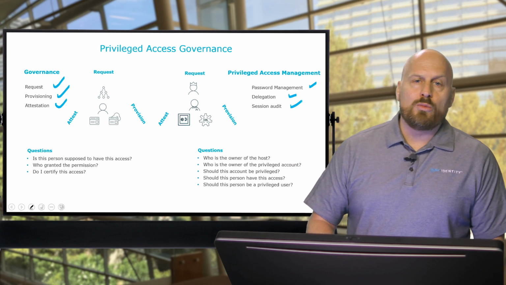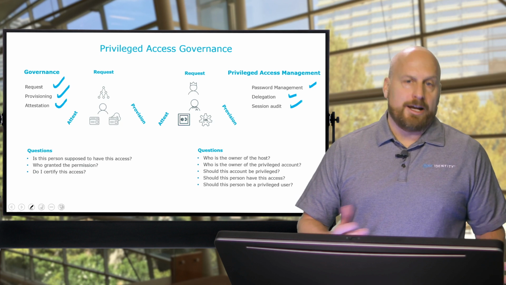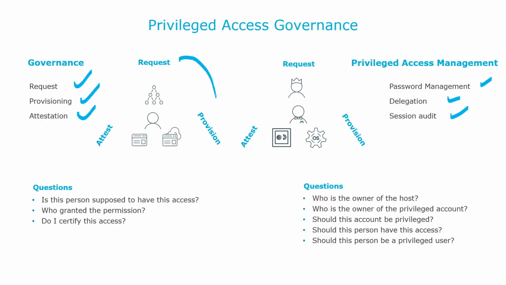So in a normal organization, you have a solution that's going to provide provisioning for everybody. You have request, which leads to provisioning, which leads to attestation, which leads to more requests. And that normally applies on your on-prem applications, your cloud applications, your Active Directory, and all the normal stuff you've got within your enterprise.